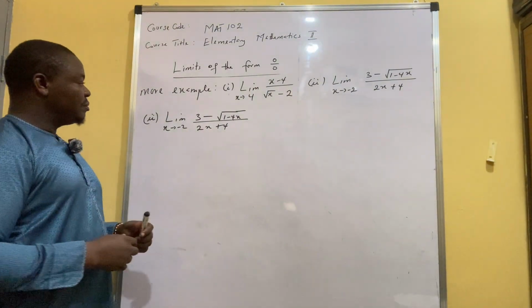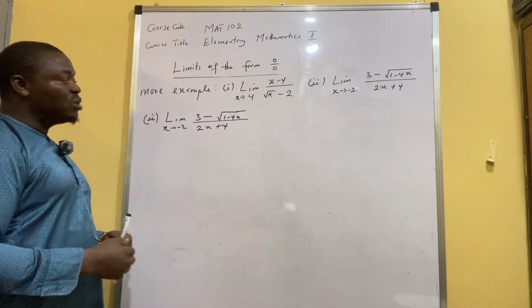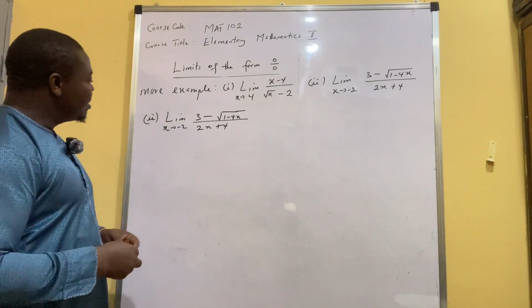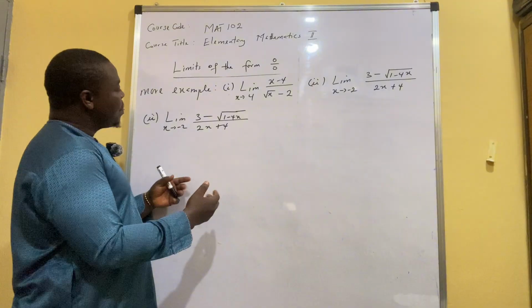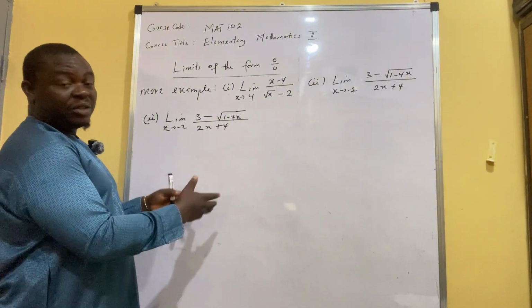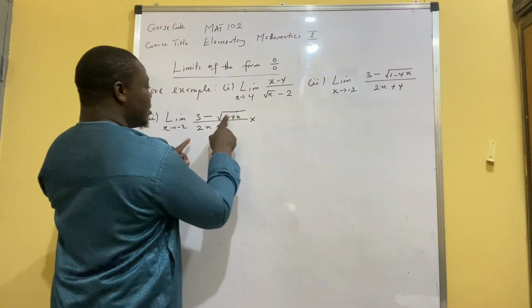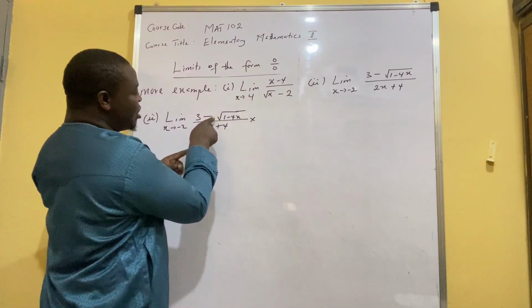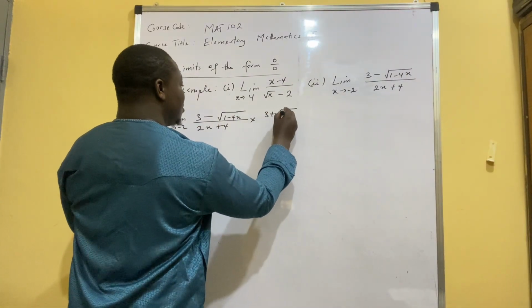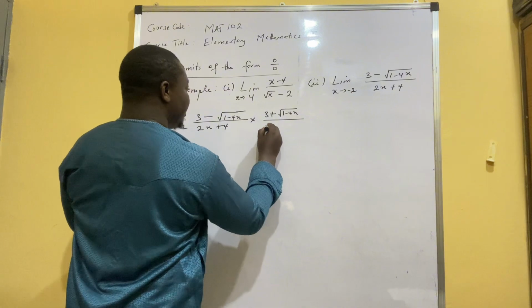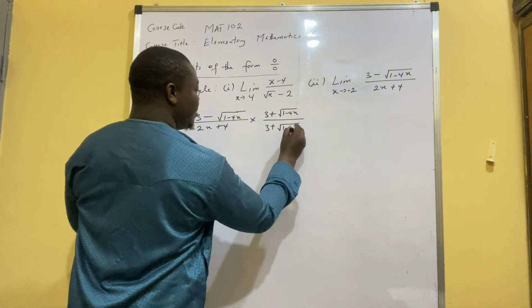The second example, here we are only going to use our knowledge of rationalization, reason being that to apply factorization, this will look complex. So we just rationalize straight up. We multiply by the conjugate of the numerator in this case, because that is where you have the irrational part. So we have 3 plus root 1 minus 4x divided by 3 plus root 1 minus 4x.